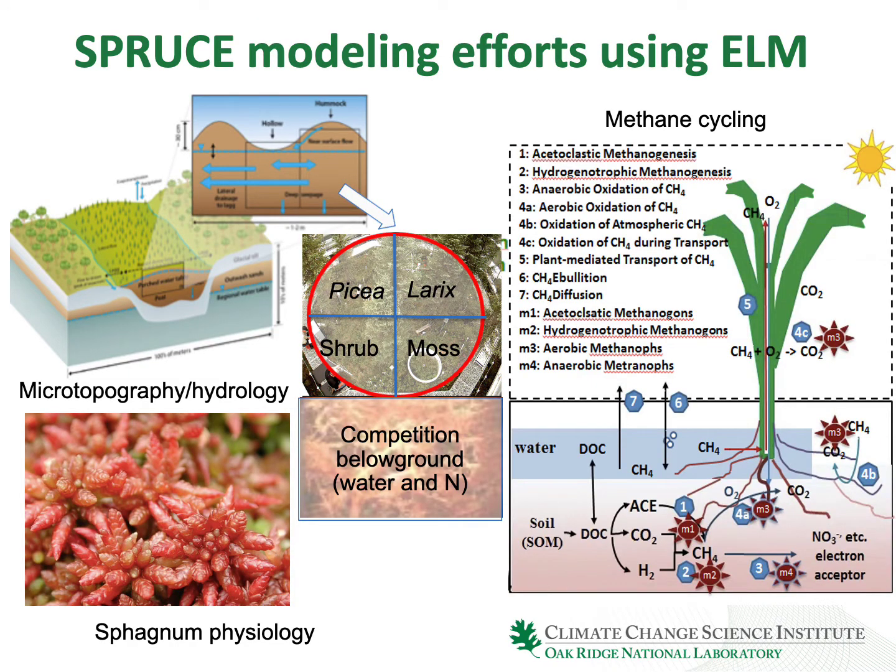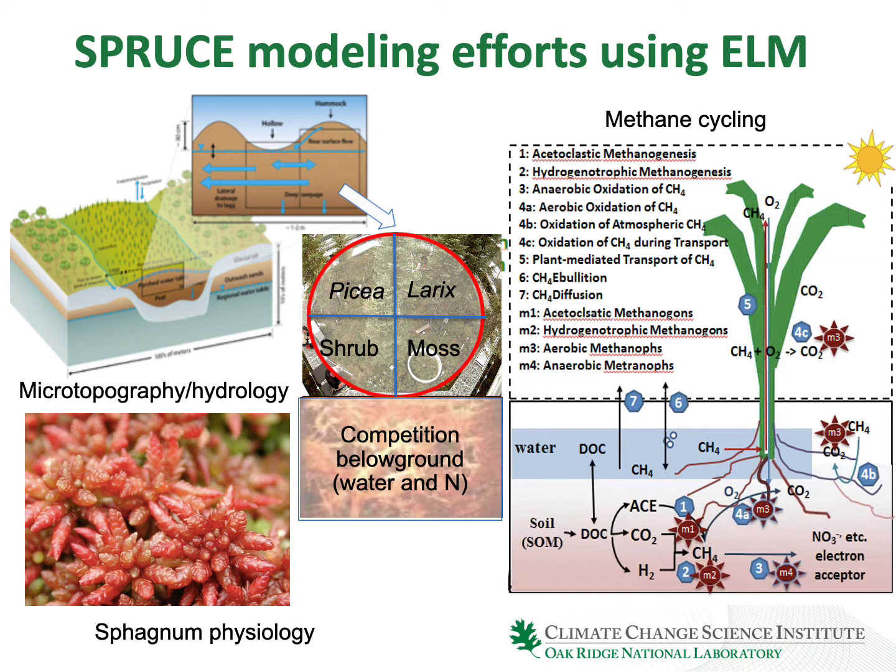This slide shows specifically some of the modeling efforts that we're undertaking at SPRUCE using the ELM framework. We brought in representation of the microtopography that we see at the site. It has these hummocks and hollows throughout the landscape that can be represented, and they have important impacts on the hydrology of the site.